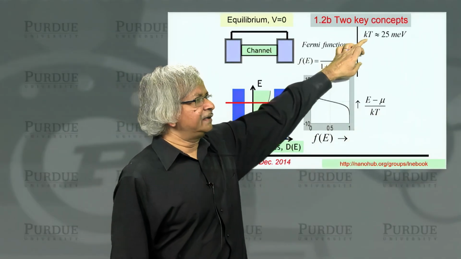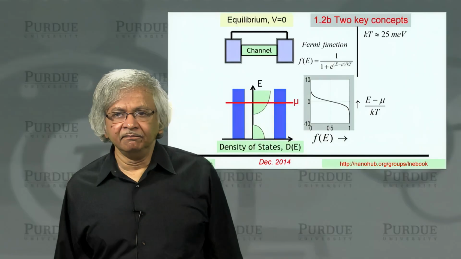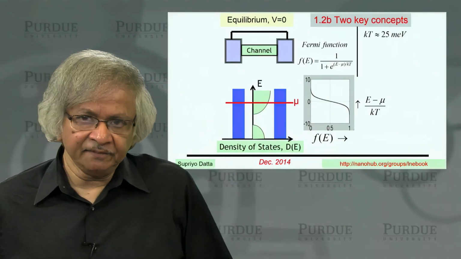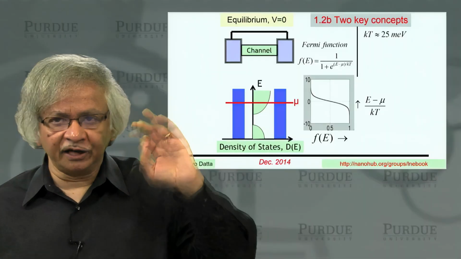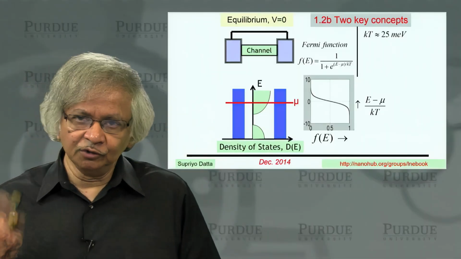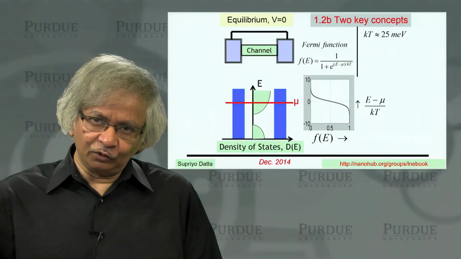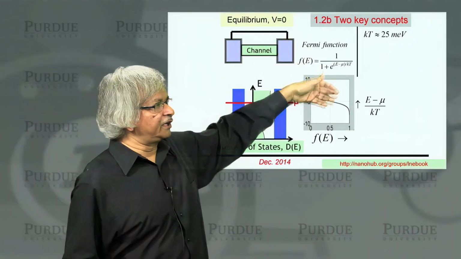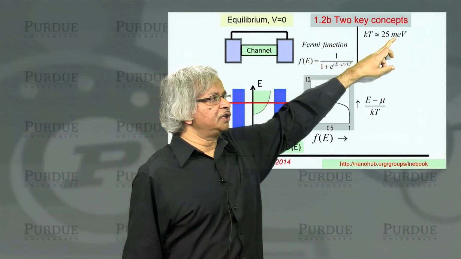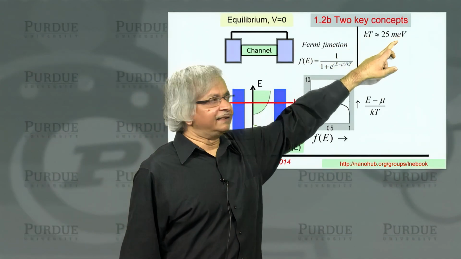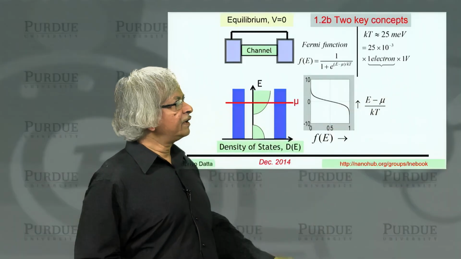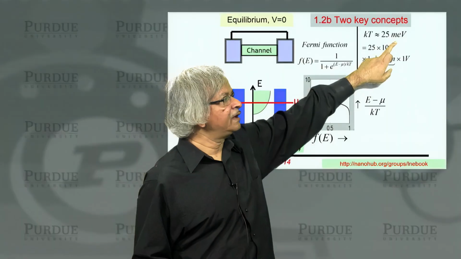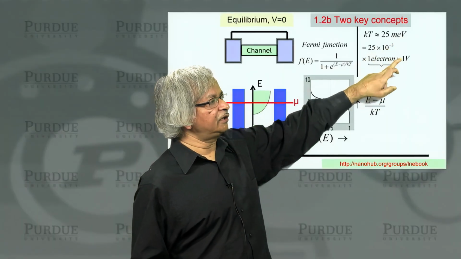And that kT is roughly 25 milli-electron volt. The dimensions are energy, and the MKS unit for energy is joules. A joule is like a coulomb times a volt. But what is commonly used in describing electronic energies is, rather than joules, electron volts. And this is a milli-electron volt. So if you write it out, 25, the milli is 10 to the minus 3, and electron volt is like 1 electron times 1 volt.